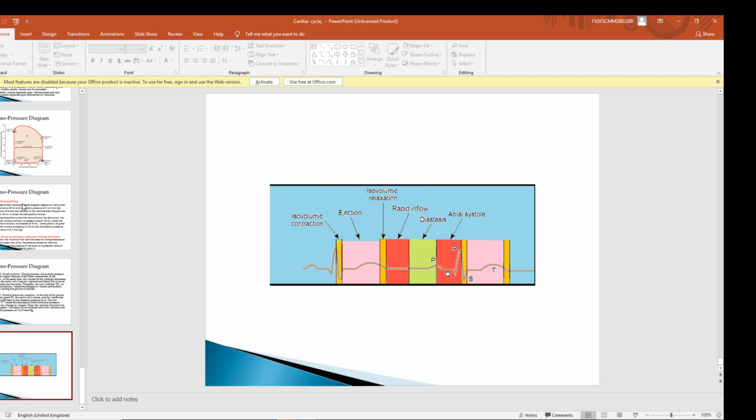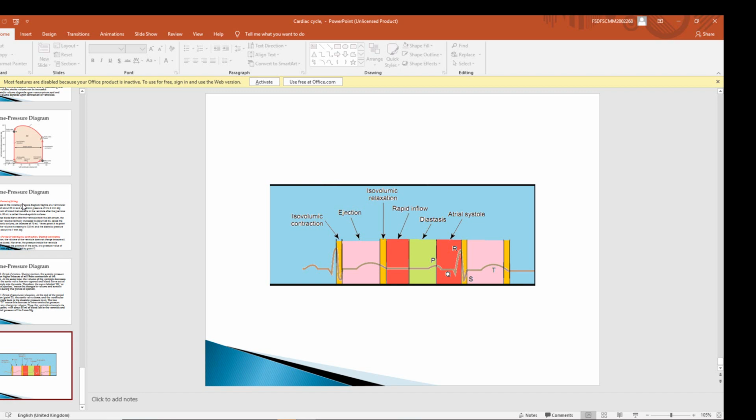So it is very important to learn how to draw it, how to define it, what are the different phases, and then segmental dissection of all individual portions of the cardiac cycle along with explanation. That is very, very important. So I hope all of you are getting my point to learn this by heart, how to draw it.